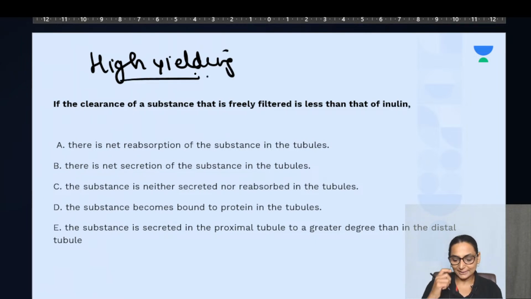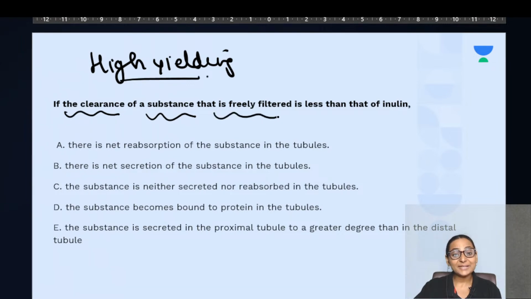Now, if the clearance of a substance that is freely filtered is less than inulin, there is a net reabsorption of the substance, net secretion, neither reabsorption nor secretion, the substance is bound to protein, or the substance is secreted.